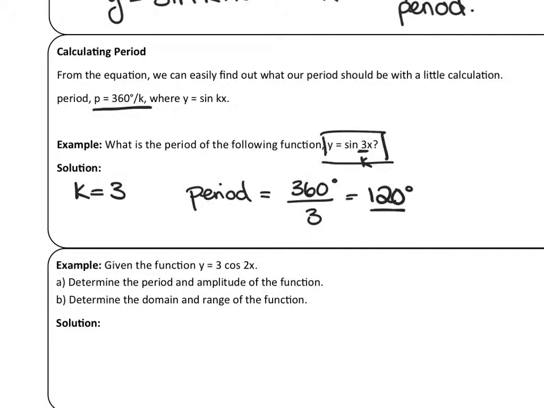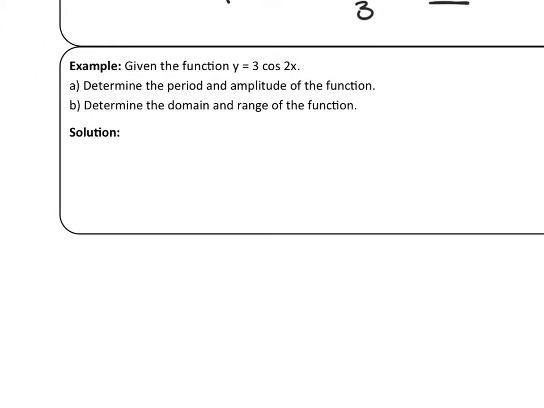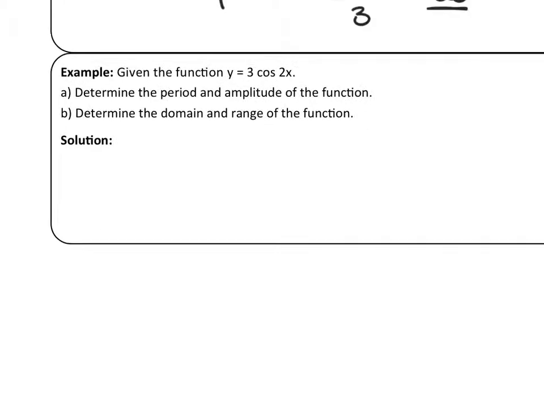Now, let's do the last example. Given the function y equals 3 cos 2x, we're going to determine the period and amplitude of the function, and we're going to determine the domain and range of the function. So, the 3 is in the A position, which I said was our amplitude. It tells us our amplitude, which means we have a vertical stretch of 3.